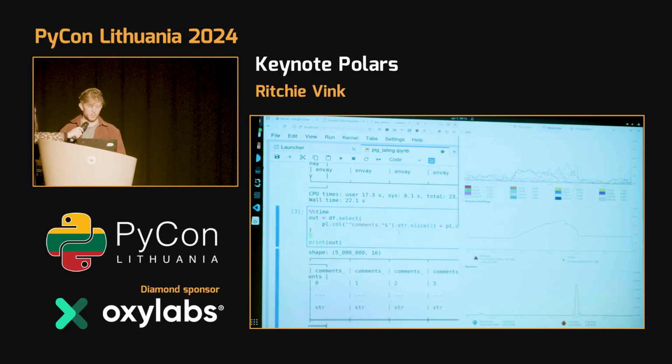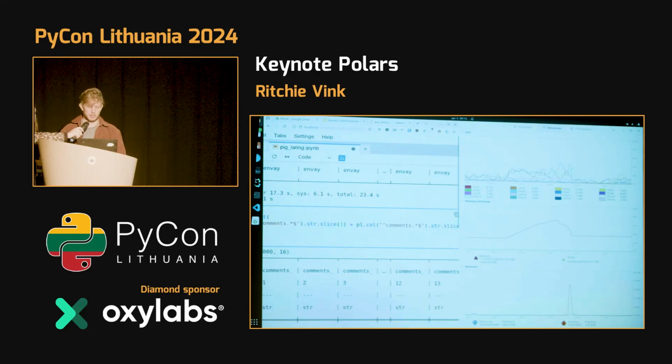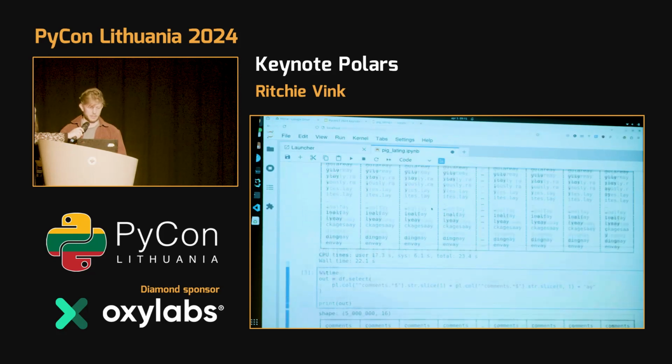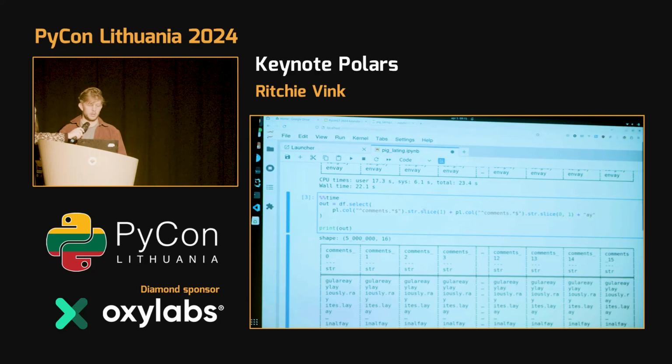We can do better. We could also use an expression to write this. So a Polars expression you could write is, you take the string and you slice the first character off, and you take the remainder, and then you add the first value, so the slice from 0 to 1, and you add I, right?